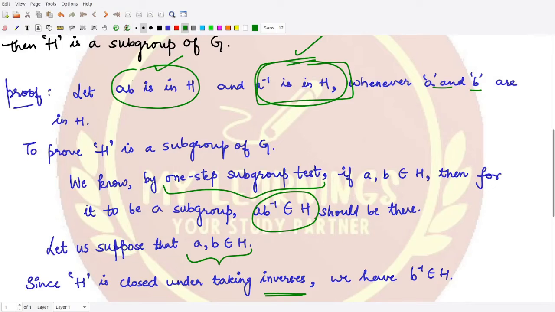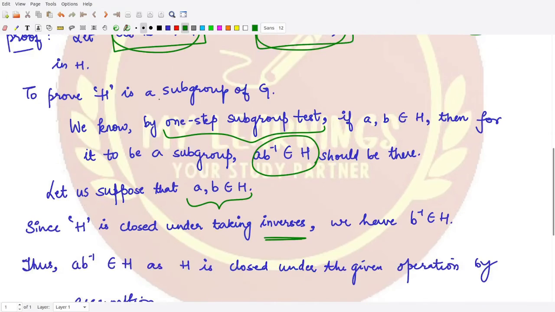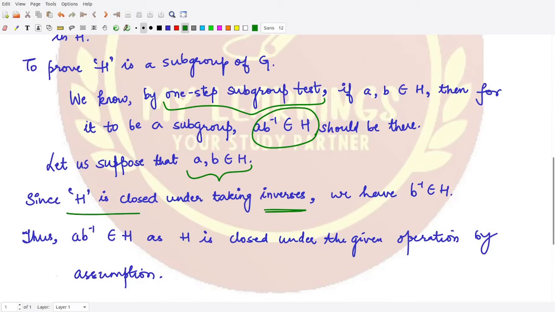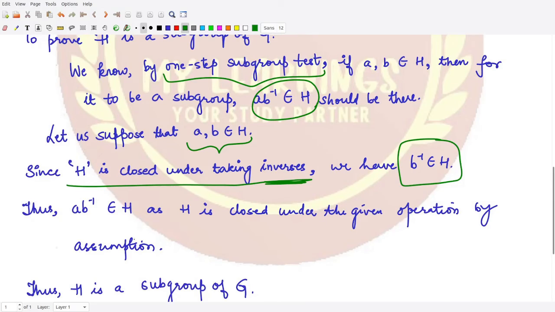And moreover we have assumed that it is closed under the given operation, so it has the closure property. Because H is closed under inverses, B inverse would be there, and because we have the closure property, it is closed under the given operation.